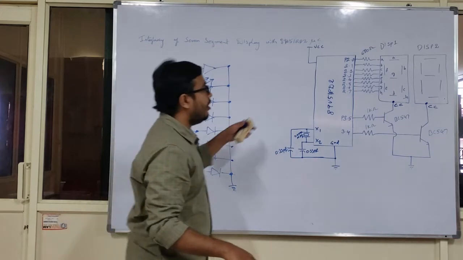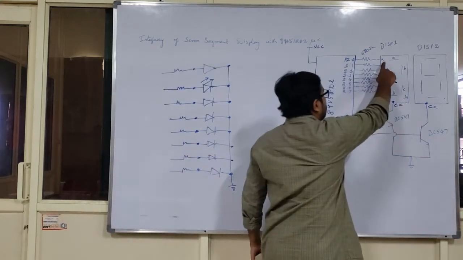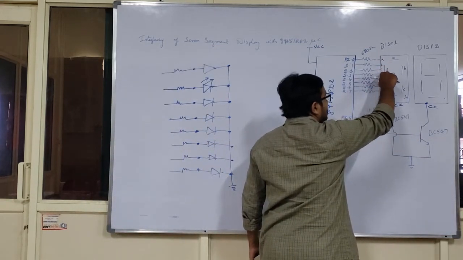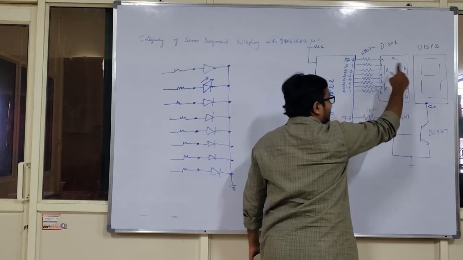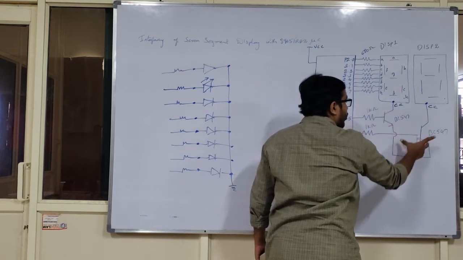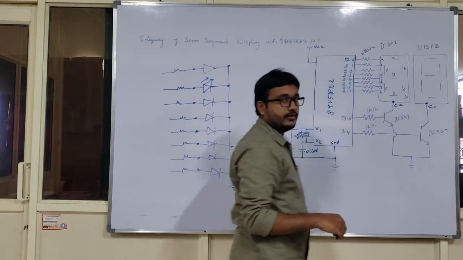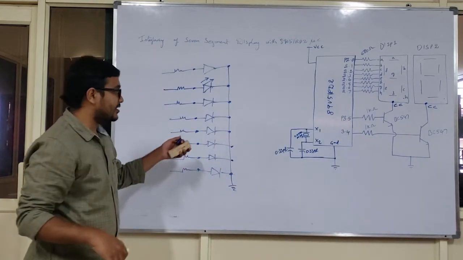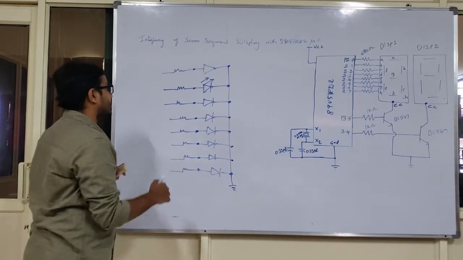In this way, all the cathodes of the A, B, C, D, E, F, G, H LEDs are connected commonly to ground. This is the internal structure of your 7-segment display.